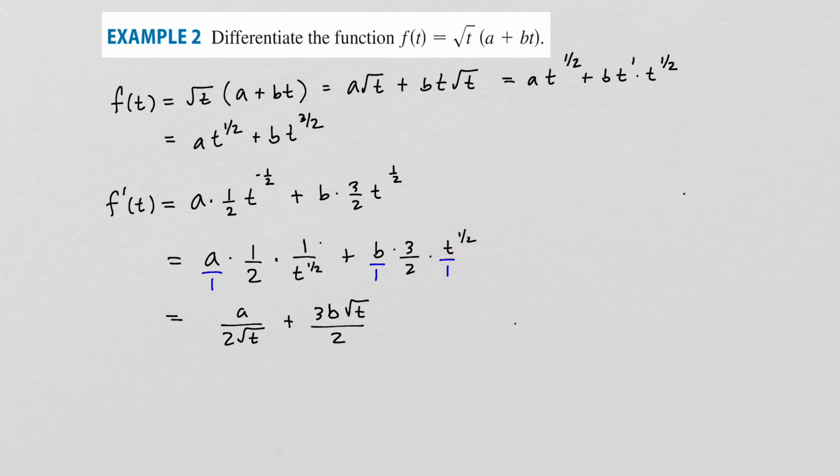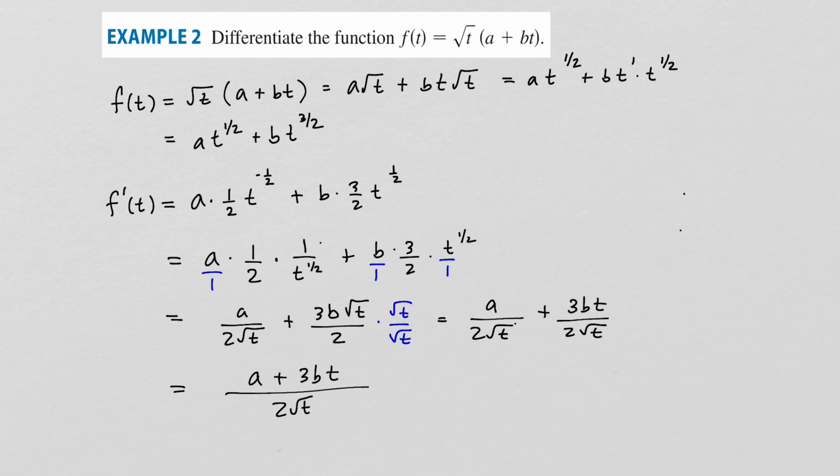And if I want to combine these together, I would multiply the top and bottom by radical t, and that would give us a over 2 radical t plus 3bt over 2 radical t. This is because radical t times radical t is t. Now we have a common denominator of 2 radical t, and the numerator is a plus 3bt.